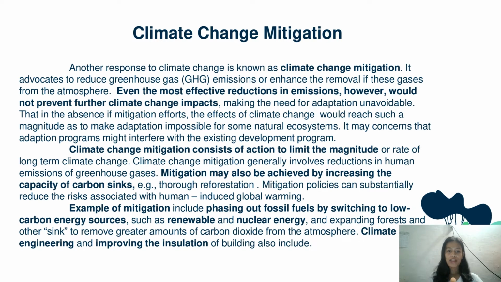In the absence of mitigation efforts, the effects of climate change would reach such a magnitude as to make adaptation impossible for some natural ecosystems. There are concerns that adaptation programs might interfere with existing development programs.